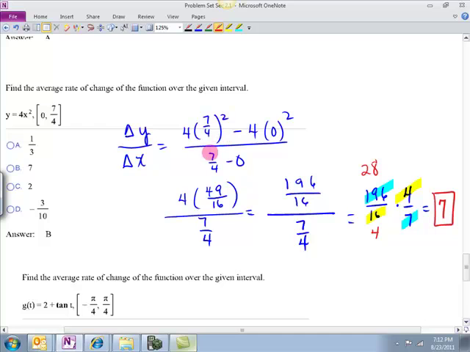How did I set it up here? Okay, remember that's f of 7/4 minus f of 0 over 7/4 minus 0. And so to get f of 7/4 means you plug 7/4 into the function. So it's just the change in y's over the change in x's. Is that better?